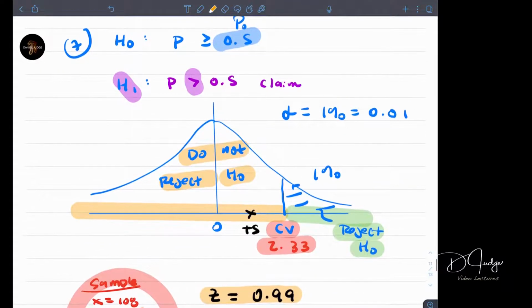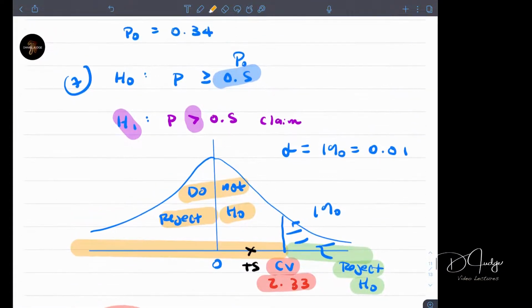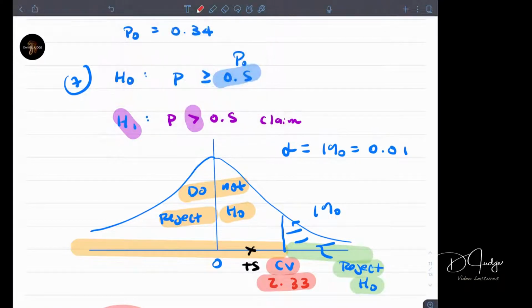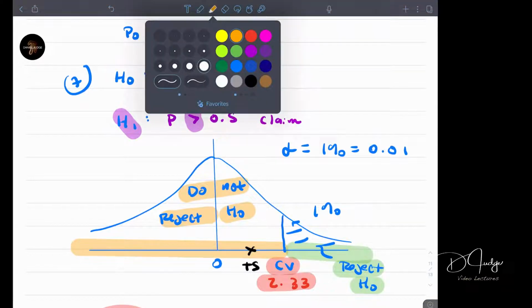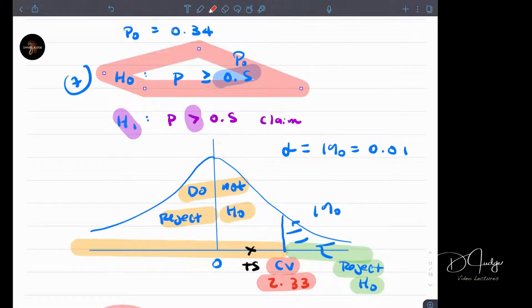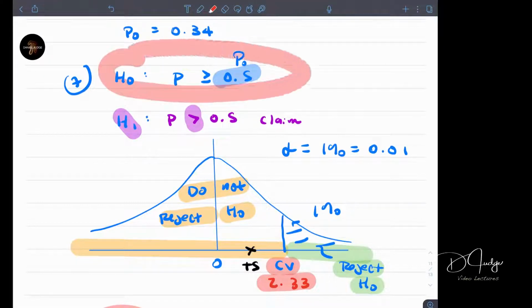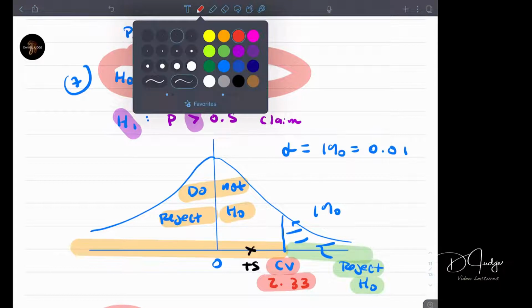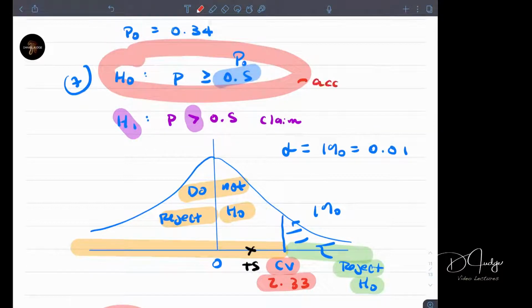So let's go back and look at the hypothesis here. Do not reject the null. So I'm going to highlight this. Here's my null. We don't reject it. If you're not rejecting the null, you are accepting the null.